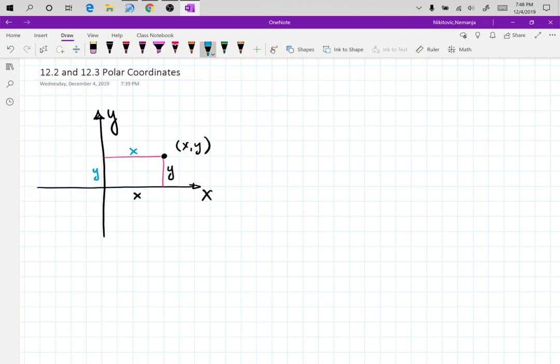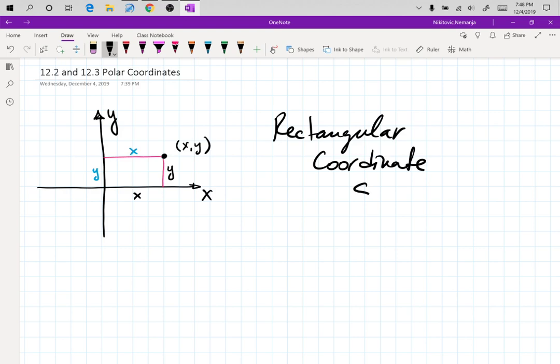So this system is known as the rectangular coordinate system, and it's what you have been using so far.